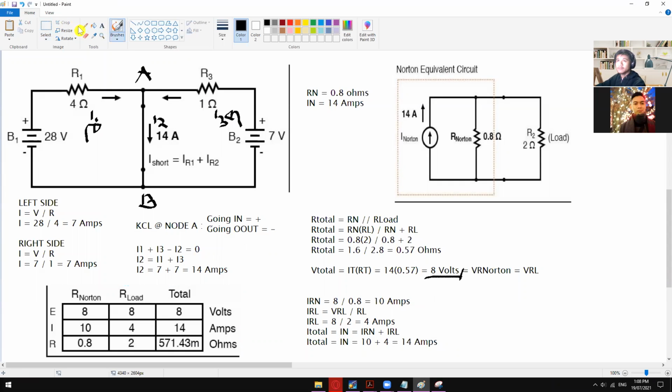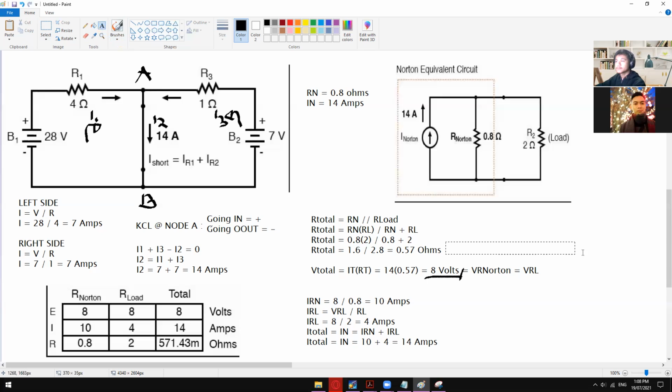So for you to be able, baka hanggang ngayon, may nalilito pa rin sa milliamps saka amps ha. Milliamps saka milliohms, okay? Not amps, because this one is a resistance. So in here, if you want to have the, oops, mali.